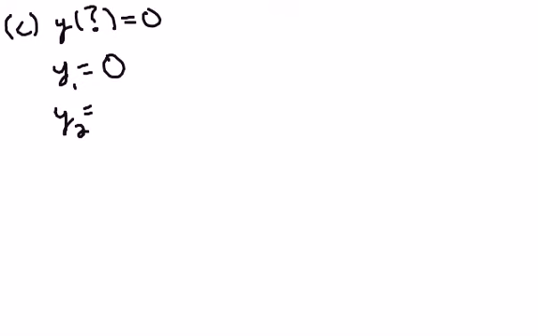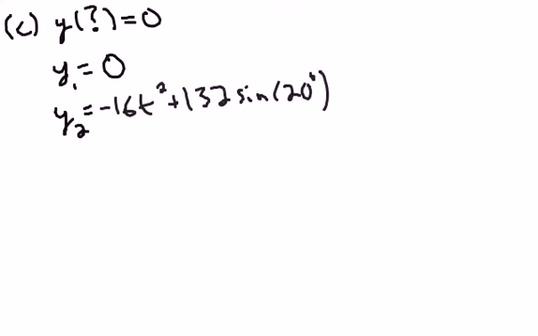So y2 is negative 16 t squared plus 132 sine of 20 degrees times t.